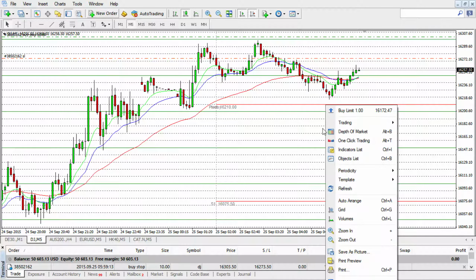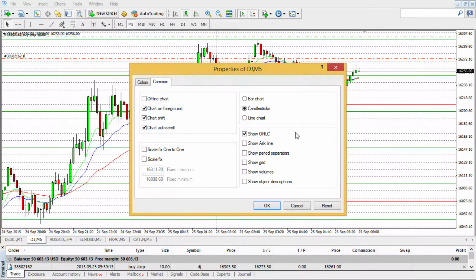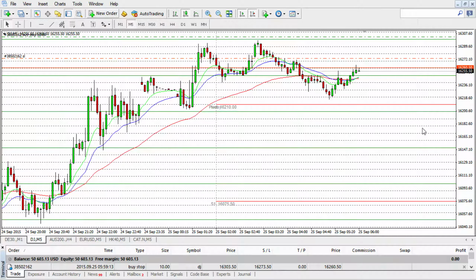If you right click on the chart, go to properties and go to common, you can select show ask price. So now you've got the bid price and you can see the ask price as well. So that's the price for buying. And now you can see that we've got another line which is red.